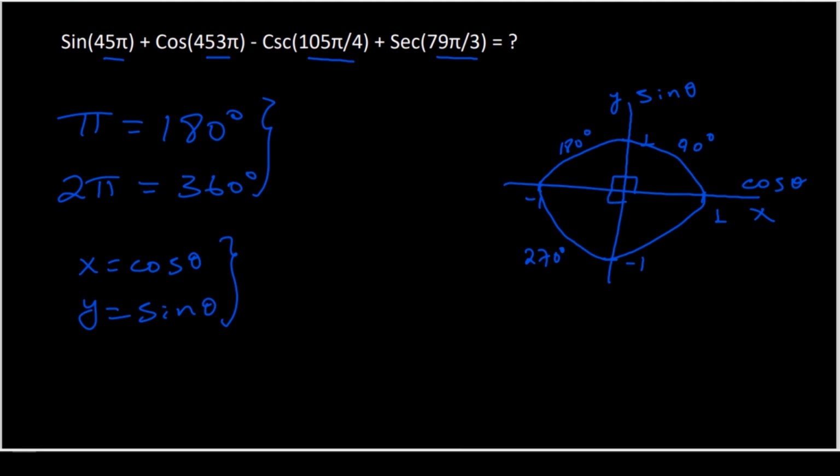And then when I go from this point to this point, I'm gonna complete one circle, a total of 360 degrees, right? So what we have to keep in mind is that 360 degrees is the point right here. And this point is also the point where we started drawing this circle, right?